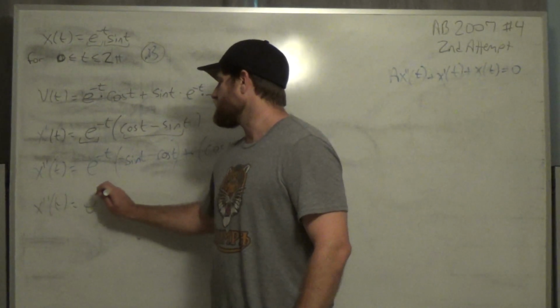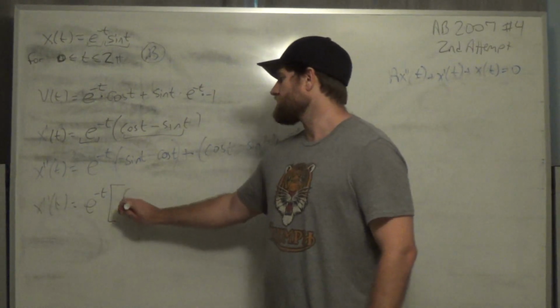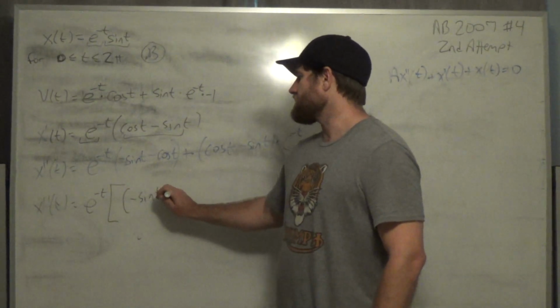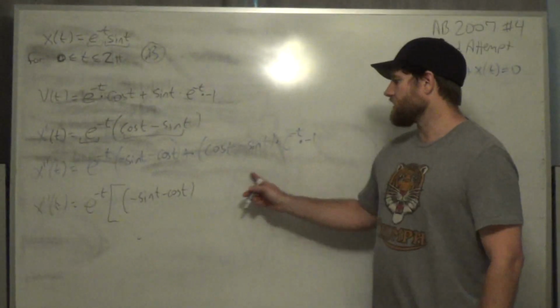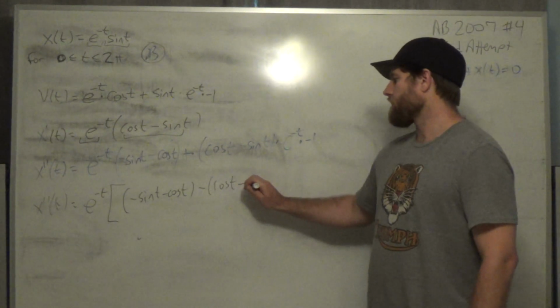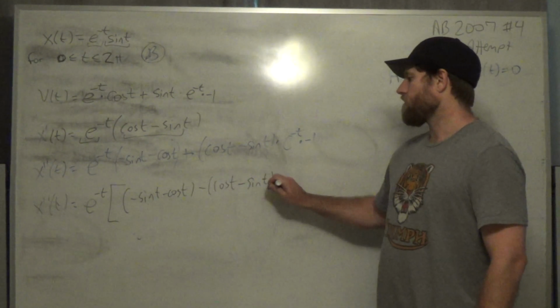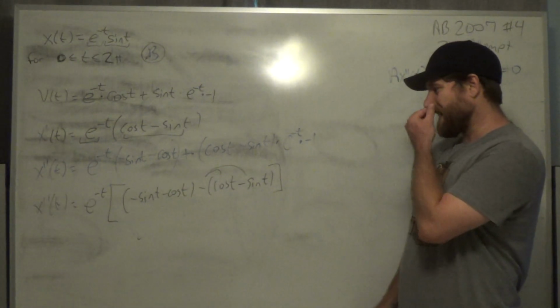So I'm going to GCF out an e to the negative t, and that's going to leave in my first piece negative sine t minus cosine t, and this negative is going to go in front of this one. Now I'm going to distribute it. And if I distribute the negative, I can combine like terms.